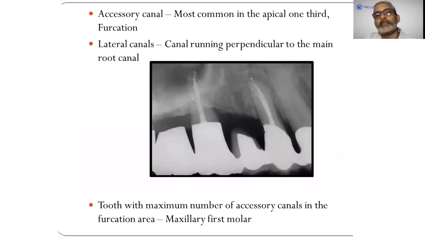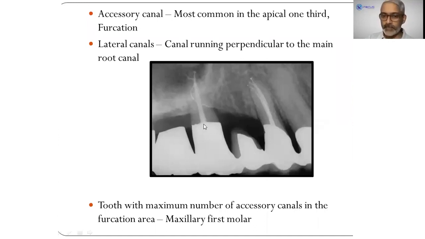Now, what do you mean by accessory canals? Are more common in the apical 1/3 and furcation areas. What is an accessory canal? Accessory canals, they are the ones which are abundant, which are in more numbers, and it is seen at the apical region and furcation areas. And how is it different from lateral canals? Lateral canals are the canals which are running perpendicular to the main canal.